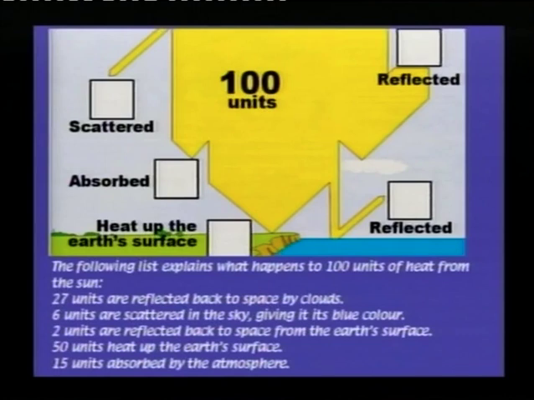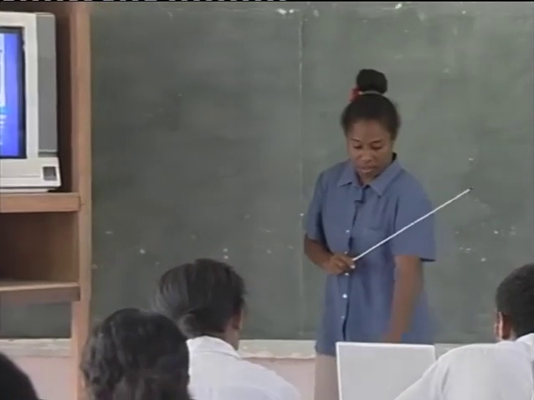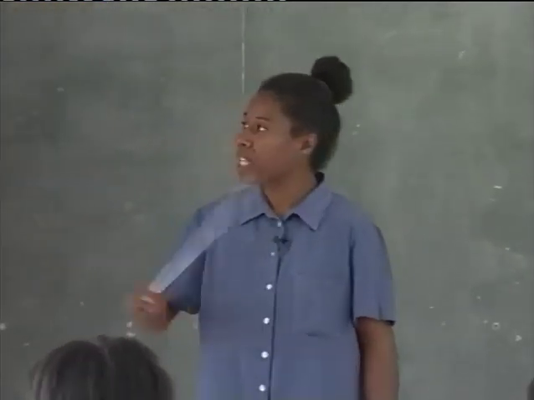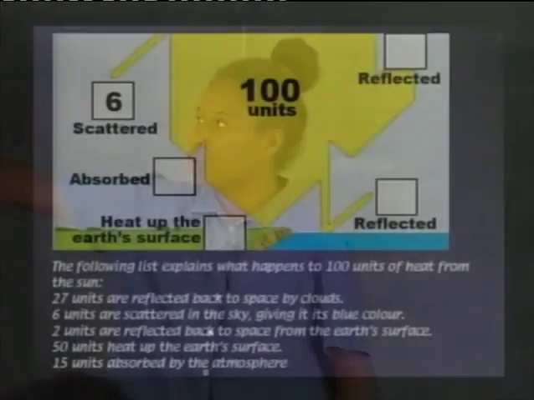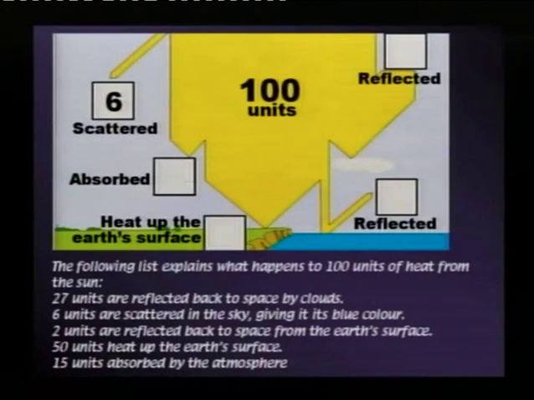From the information given, what unit should go in this box? 6 units. Do we all agree with him that it is 6 units? We double check and correct. So 6 units scattered, giving the sky its blue color.